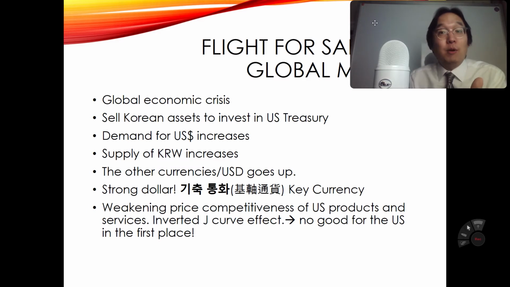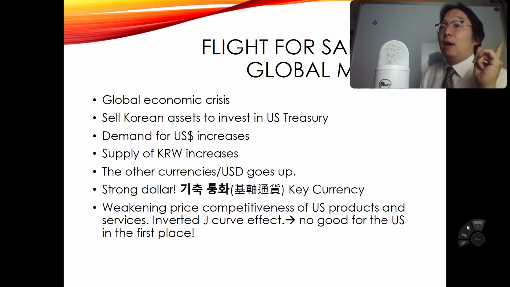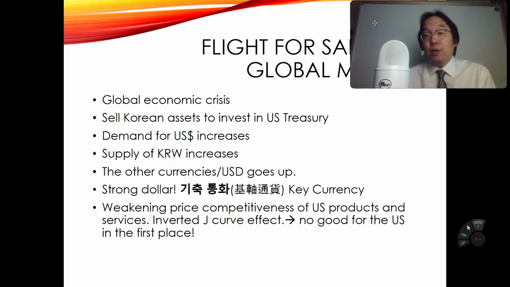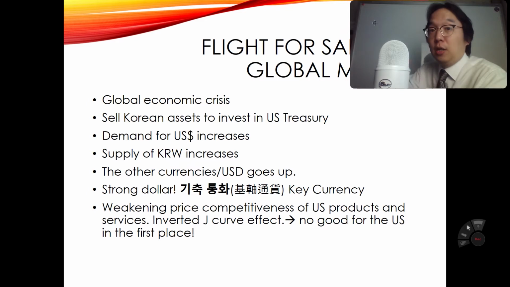But in the long run, what happens? Your depreciated currency gives strength to the product in price competitiveness, right? Your product gets cheaper in the export market, so that in the long run you will have trade surpluses, right? That was the J-curve's beauty.